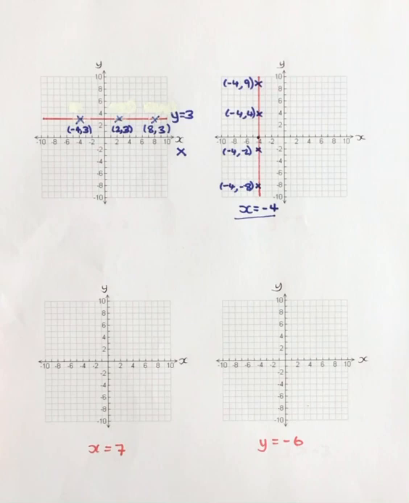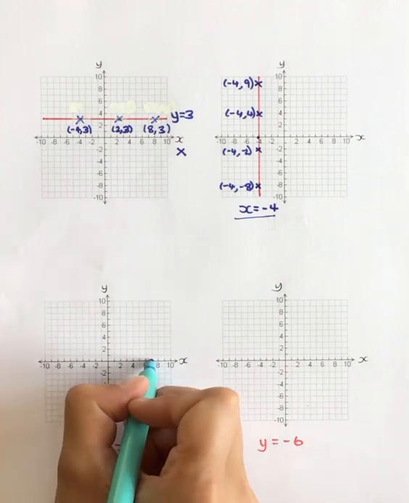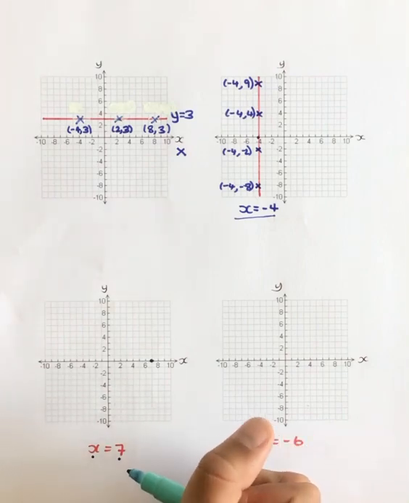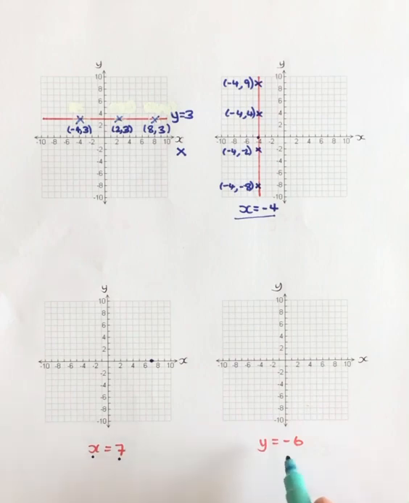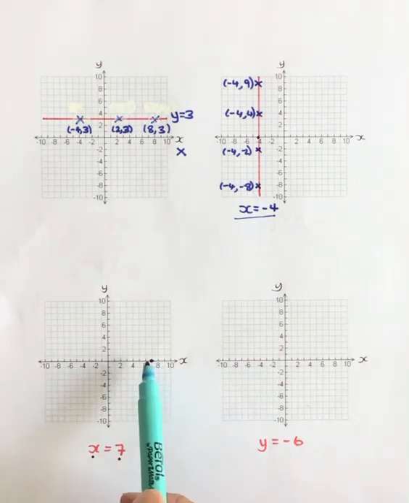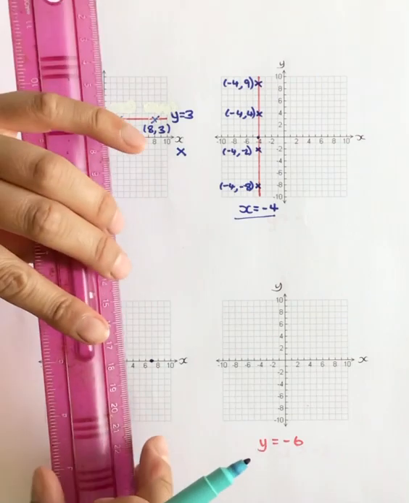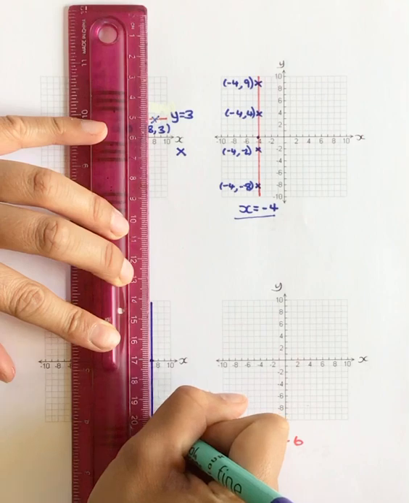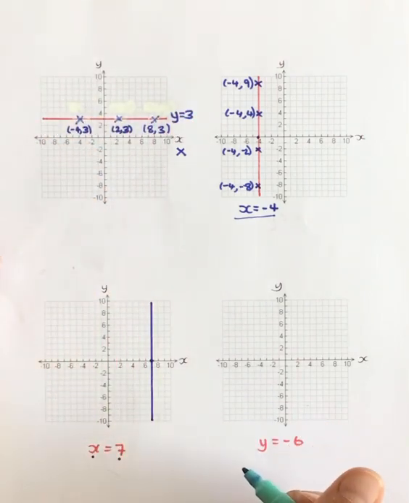We've now been asked to draw some lines for ourselves. So if we draw x equals 7, I know it goes through the x-axis at 7. So there's 7 on my x-axis. So this cheating method, where we've got x equals a number or y equals a number, only works for horizontal and vertical lines. If it goes through the x-axis, it must be a vertical line so that it can cross through that point there at +7.